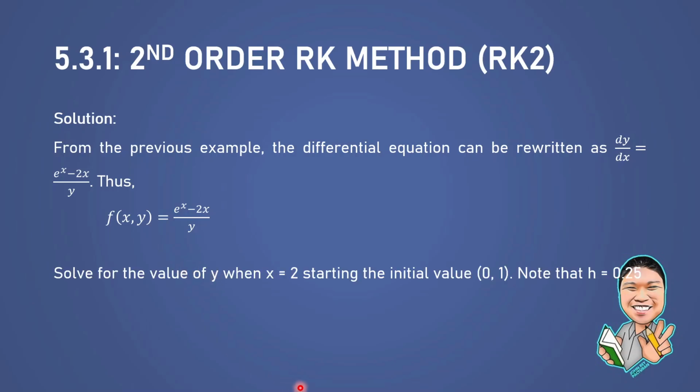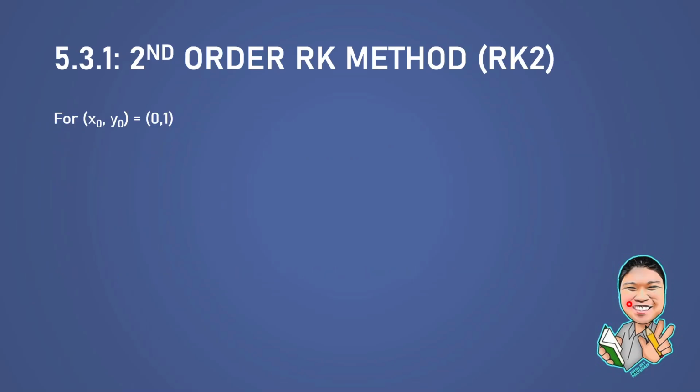Solve for the value of y when x is equal to 2, starting the initial value (0, 1). So, note that yung h natin dito ay 0.25. So, start natin yung ating solution from the initial value na (0, 1). So, tatlong step lang naman to class. Step 1, solve for K1. Step 2, solve for K2. And step 3, solve for x sub 1, y sub 1.